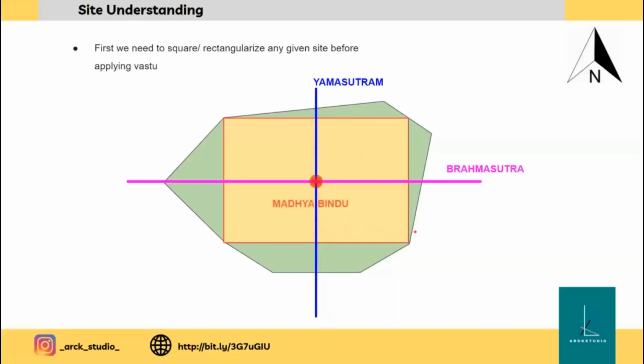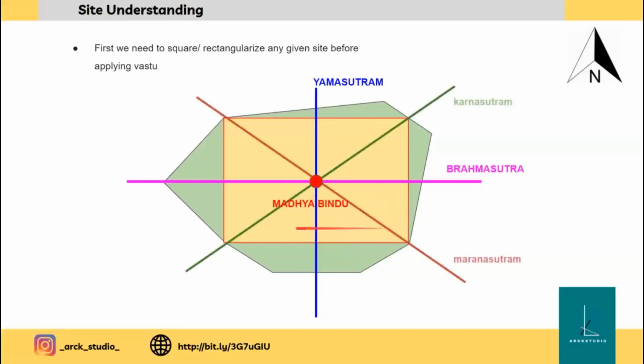That's it. The point at which they intersect is known as the Madhya Bindu, also referred to as Brahmastan at times. Then there are two minor axes known as the Karna Sutra and the Marana Sutra, which help us in determining some positionings in the further outdoor site development as well as the interior developments in the buildings.